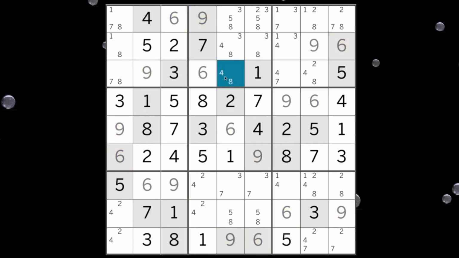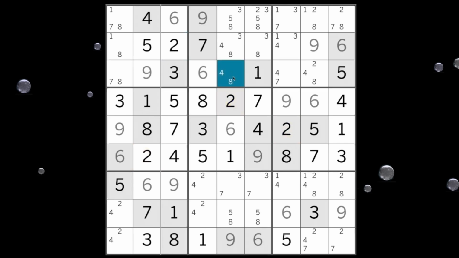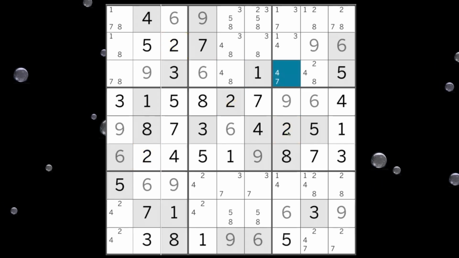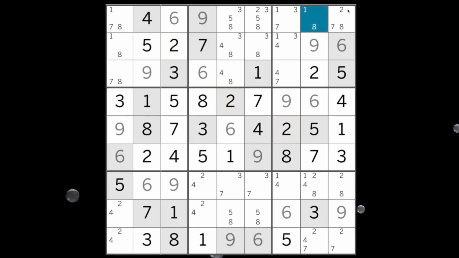This line, 2 can't be there because of that. 2 can't be there because of that one. 2 can't be there because of that one. That's the only one can be a 2. That has to be a 4.